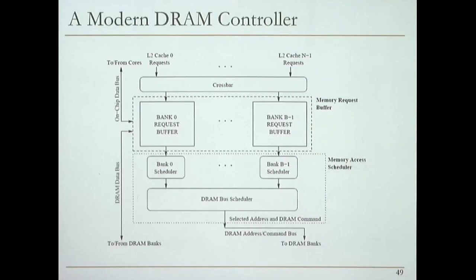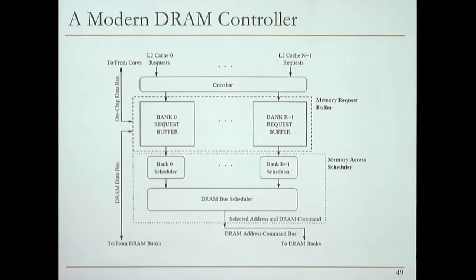This design partitions the request buffer across the different banks. You could have a monolithic design where you have a single request buffer, and a scheduler looks at that single request buffer. And you have the same issues with static partitioning versus dynamic partitioning of a request buffer. Right? So in this case, for example, if all of your requests go to bank 0 and bank 0 doesn't have enough request buffers, you cannot use those request buffers that are dedicated to other banks.